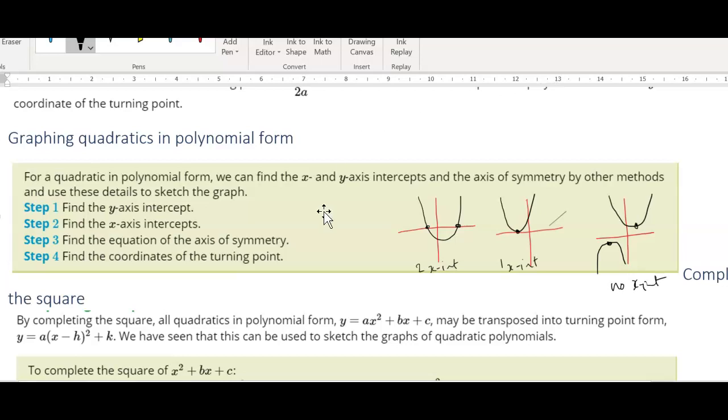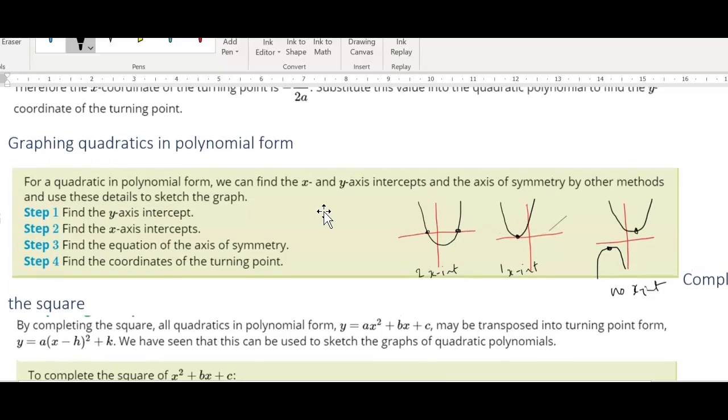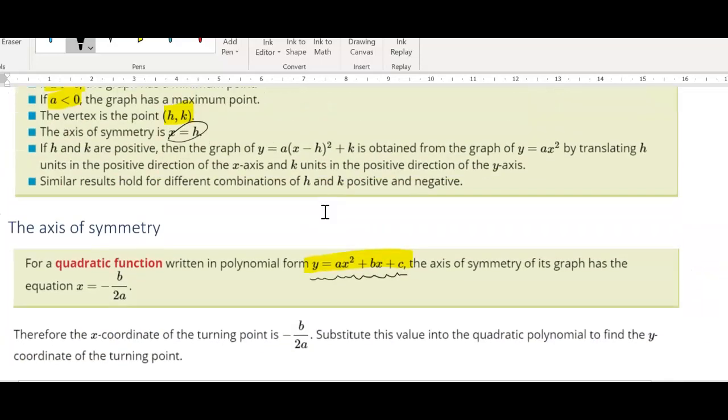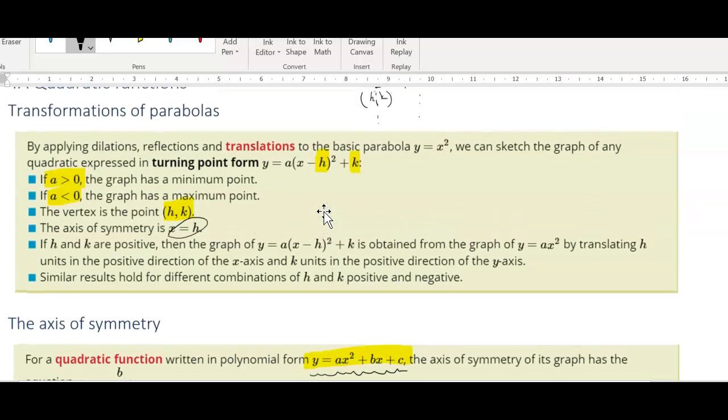And if you are doing it in turning point form, as you can see here, let me put a little square around it.